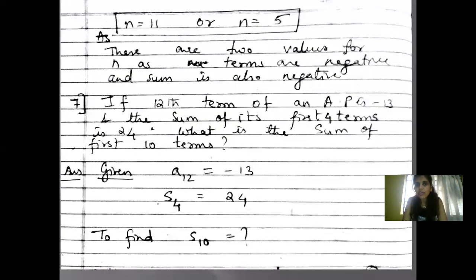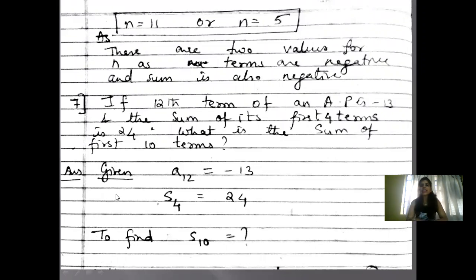By using the formula Sn is equal to n upon 2 bracket 2a plus (n minus 1) d, you are going to solve it. Why are you using this? The reason is the L value is not known to you. After that, you will find the value of n by solving the bracket first, and then you get a quadratic equation. Solve the quadratic equation and you get the value of n as 11 and 5.